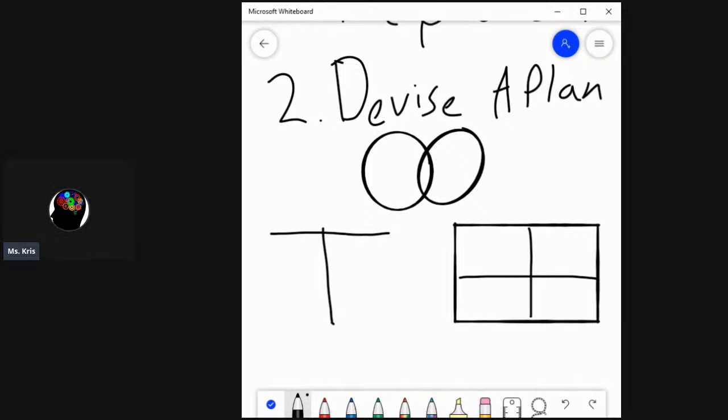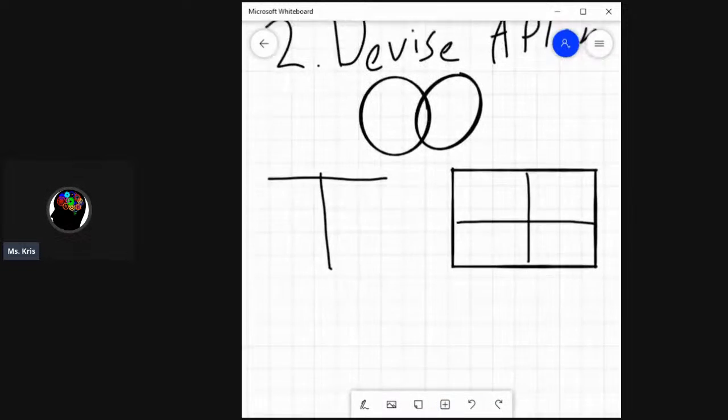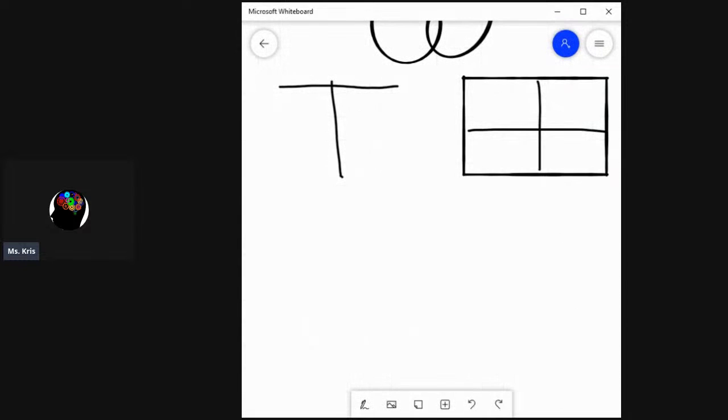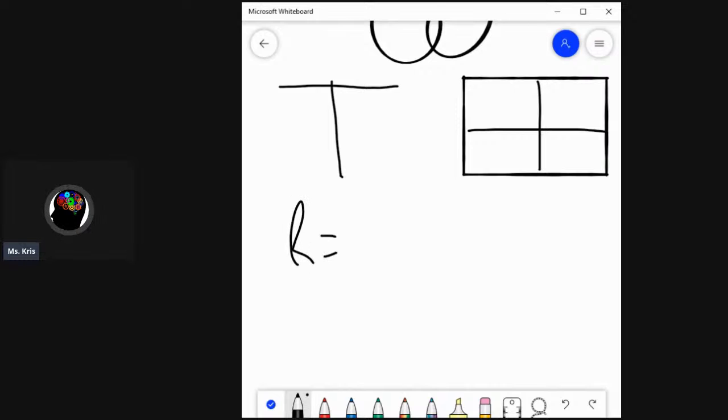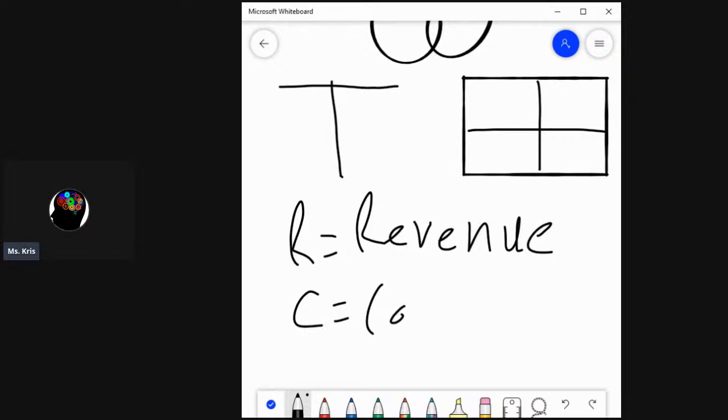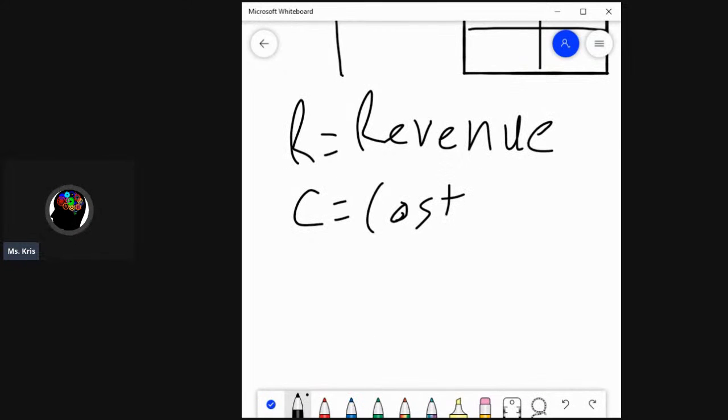So, say for instance, when you're trying to find the break even in a business, you have R, which is the revenue, and then you have C for cost. And within cost, you have FC, which is the fixed cost.